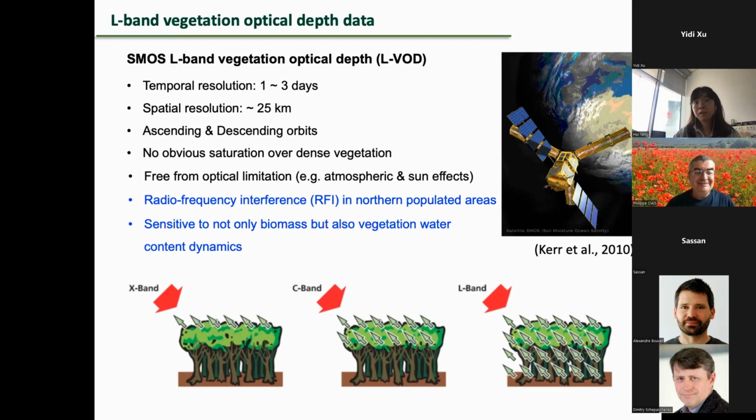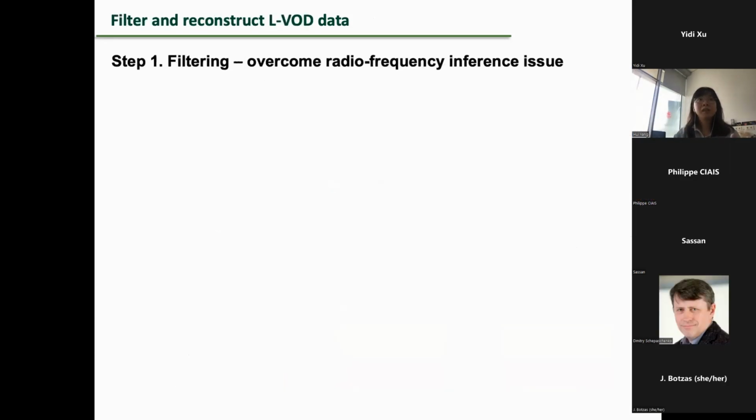Second, the VOD is not only sensitive to biomass change, it's also sensitive to vegetation water content change. So directly regarding the VOD as biomass can have large biases. So in this analysis, we try to design a new filtering method to remove the RFI effect and the water content effect.